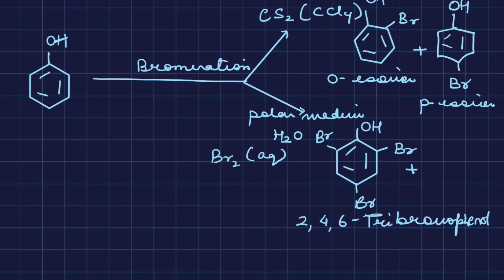We get 2,4,6-tribromophenol and we get HBr. I have balanced the reaction also. So these are 2 cases of bromination.